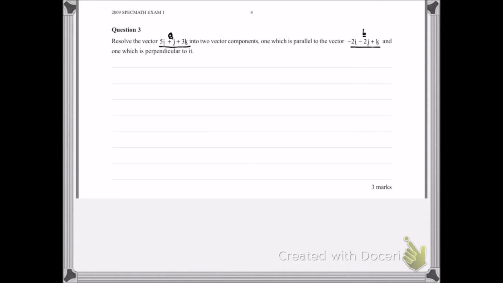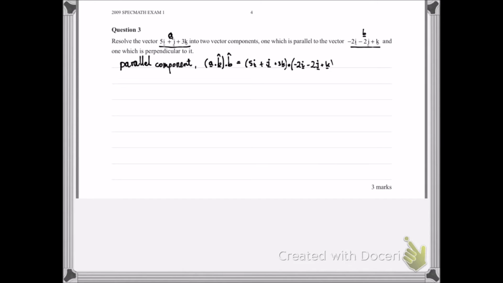So to find, first off, let's label this vector a and vector b. The parallel component of vector a is given by this expression. So this is an important one to remember. Dot product between a and b hat. Now b hat is your unit vector. And then dot product again with b hat.